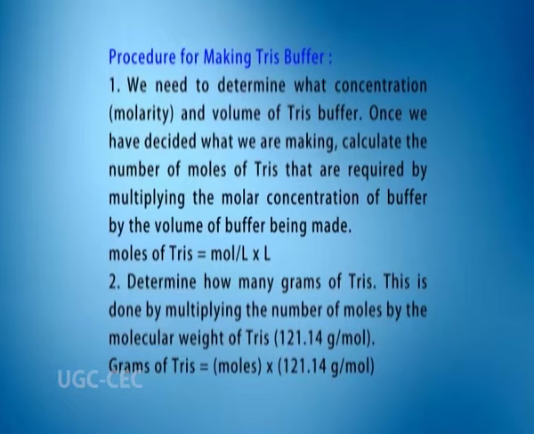Next, determine how many grams of tris. This is done by multiplying the number of moles by the molecular weight of tris, that is 121.14 grams per mole. So, grams of tris is equal to moles times 121.14 grams per mole.